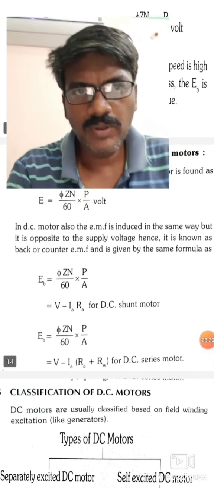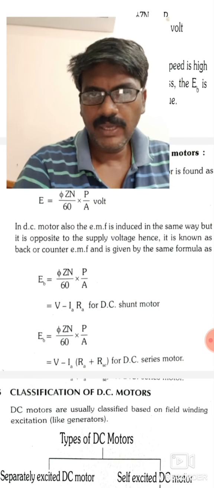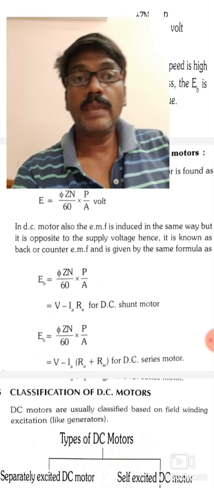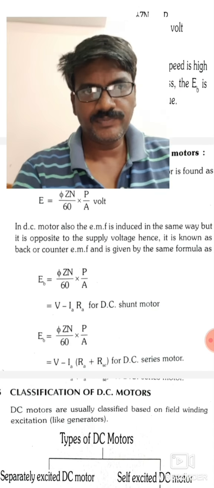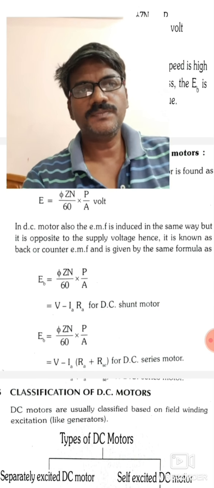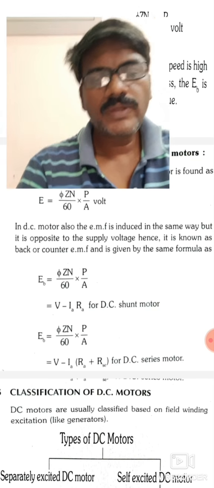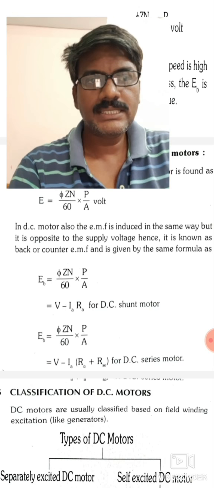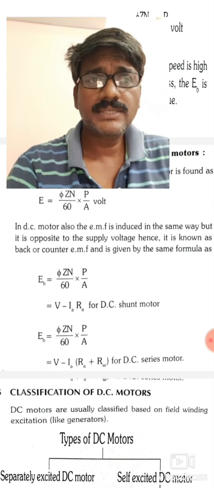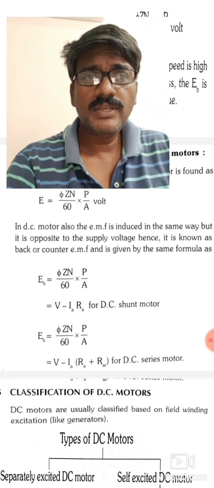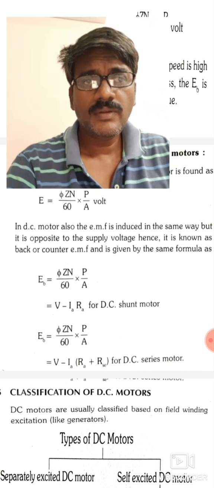So next and very important thing is, what is the significance of back EMF? Suppose there is no back EMF, what happens? Actually at starting, when back EMF is 0, the armature winding resistance is very small.